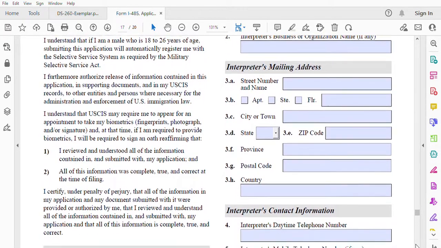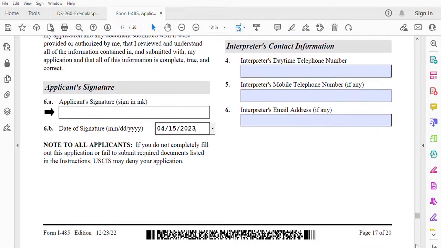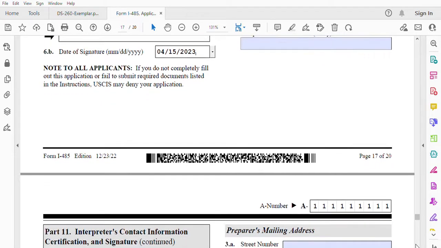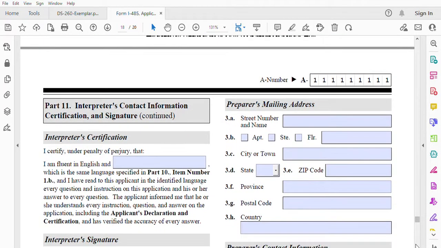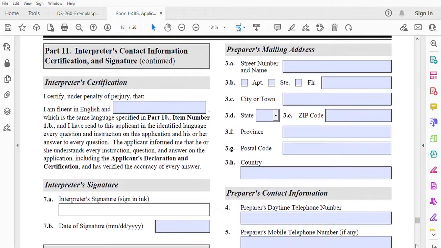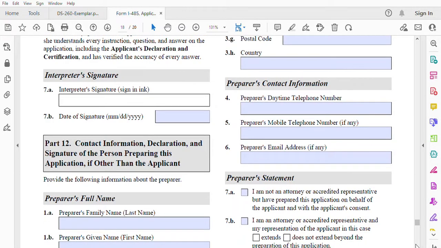So we're going to go to the next part. Enter preparer contact information. We did not use any. Preparer mailing address. We did not use one. In case you use one, the same thing: you have to date it, but do not sign it until you print the paper. The same thing for the preparer.